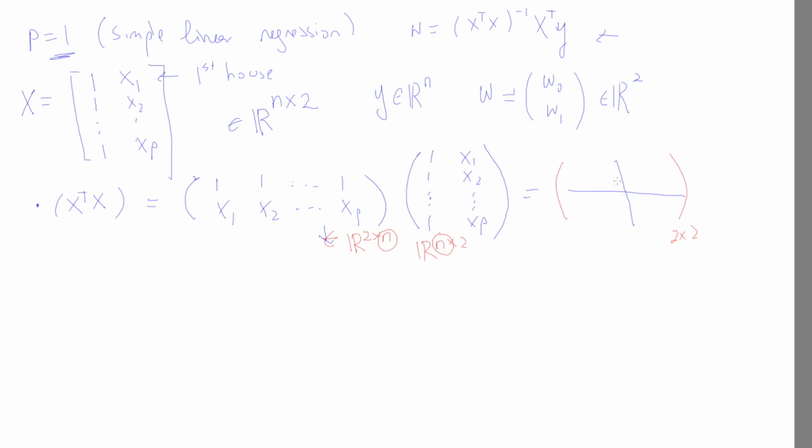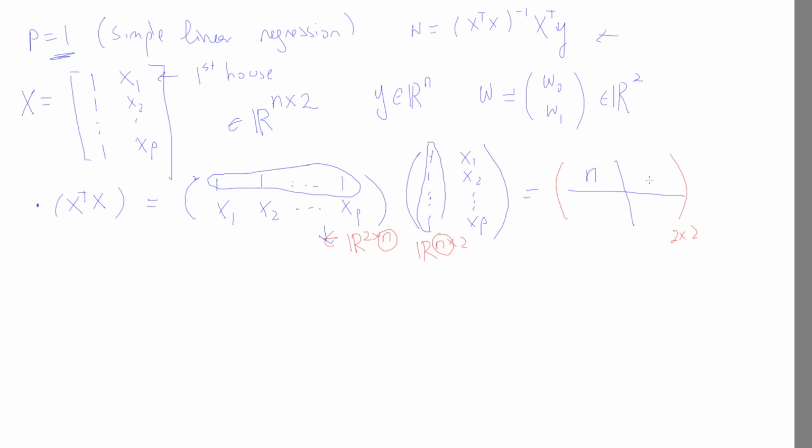Let's figure out what's going to go in the top part here. Well, it's going to be 1 times 1 plus 1 times 1 plus 1 times 1, n times. So all you're going to get up here is just an n. It's multiplying this row by this column and adding it all up.